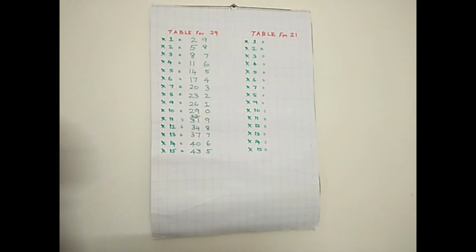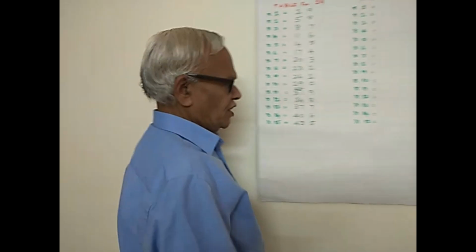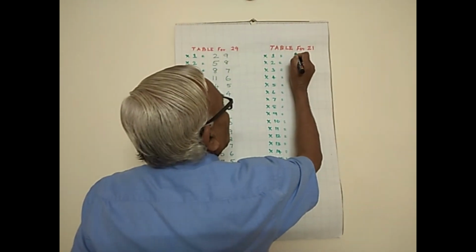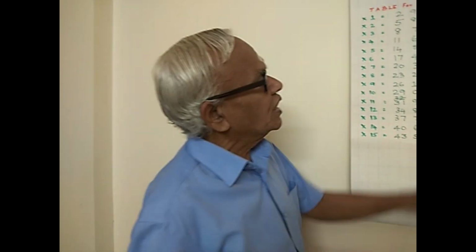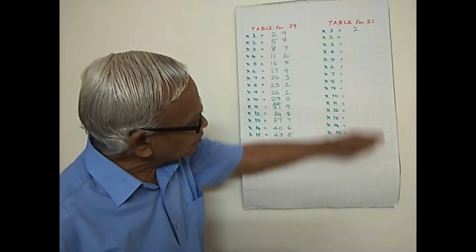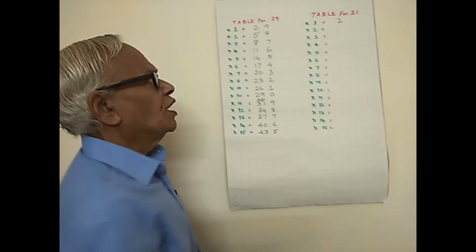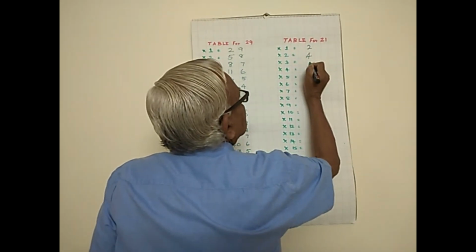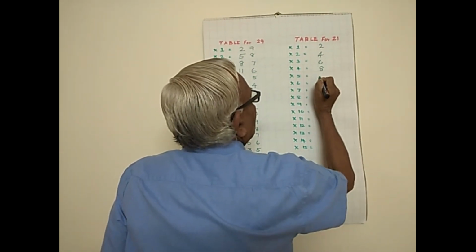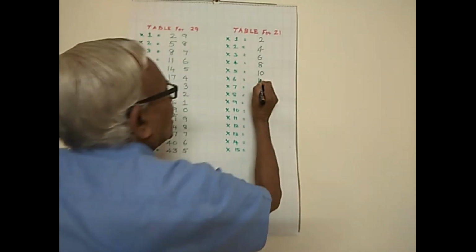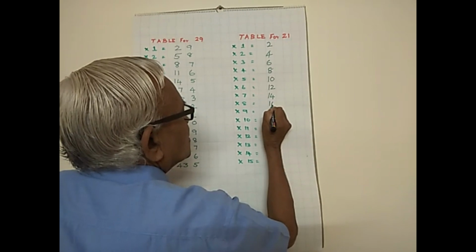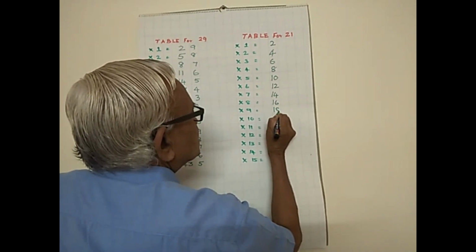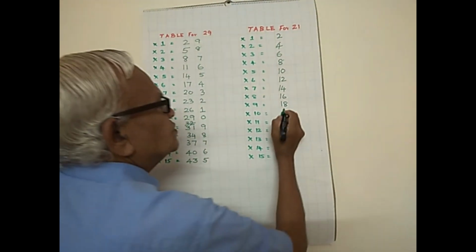Here the number is ending with 1. When it is ending with 1, first of all I will put 2 here. Since the number is ending with 1, I will keep adding 2 to the further table: 4, 6, 8, 10, 12, 14, 16, 18.